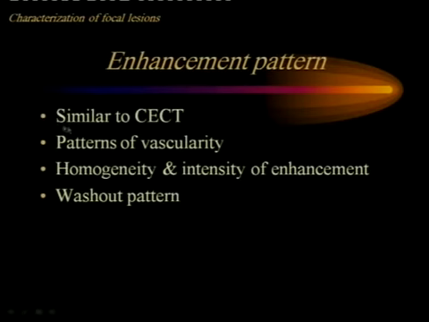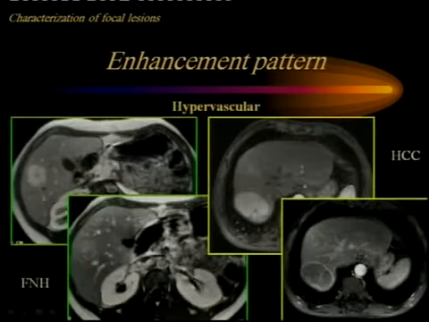The enhancement pattern is somewhat similar to contrast-enhanced CT, basically. It's the same concept. So we look at pattern of vascularity, we look at homogeneity and intensity of the enhancement pattern, and also the washout or the enhancement pattern on delayed imaging. If you look at the enhancement pattern, you can basically categorize them to some extent into hypervascular lesions.